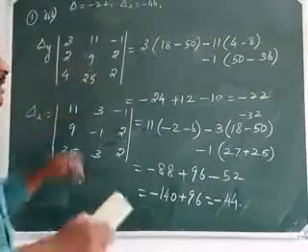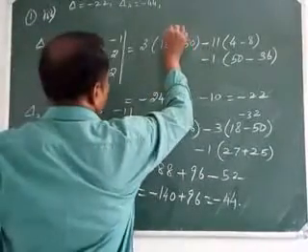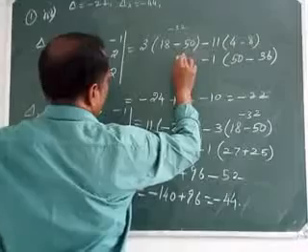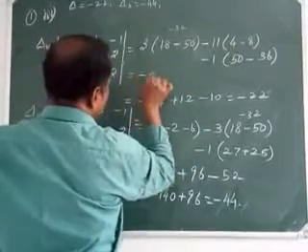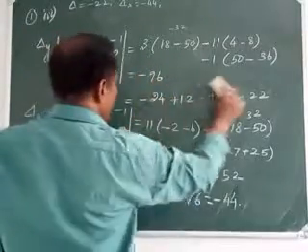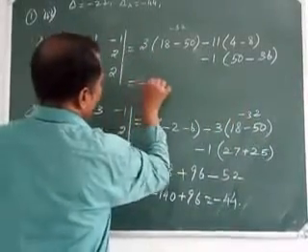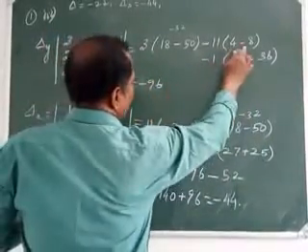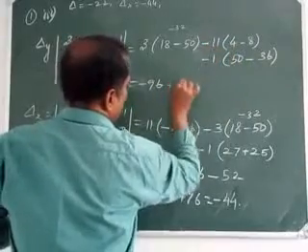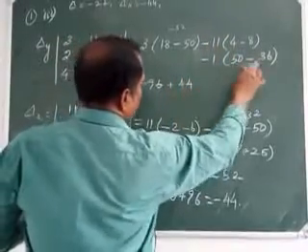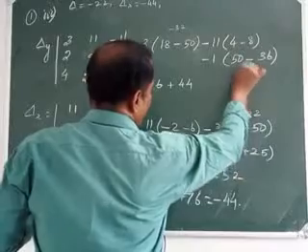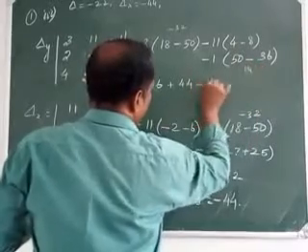So in the minus 32 into 2 minus 96, minus 4 into minus 11 plus 44, and 50 minus 36 plus 14, so minus 14.